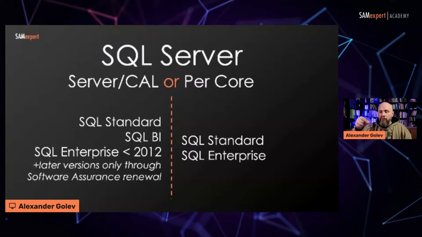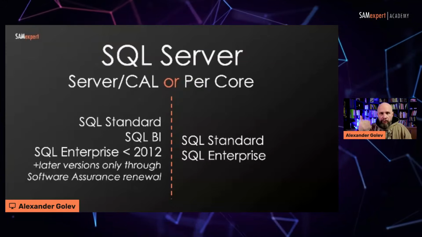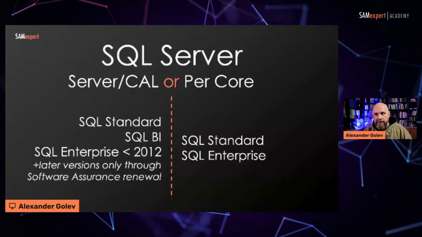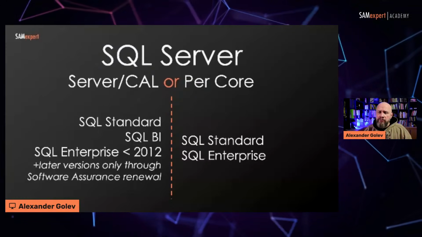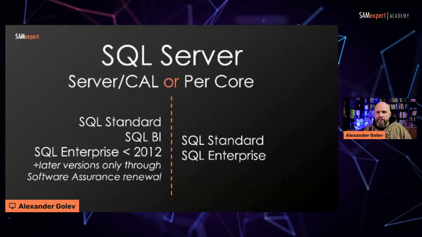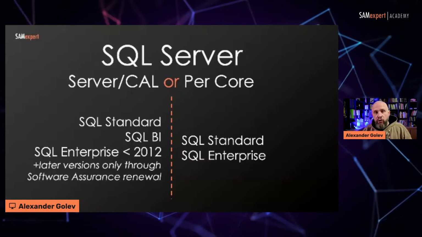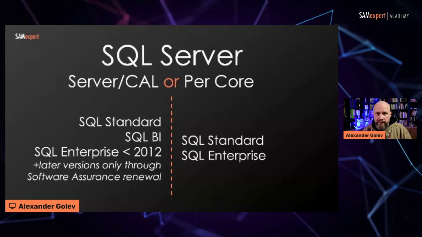These days, again, if you want to buy new licenses, the only edition that supports this licensing model is SQL Server Standard. SQL Server BI was a historical edition that appeared for a few versions and then disappeared again. The SQL Server per core licensing model does not require client access licenses.